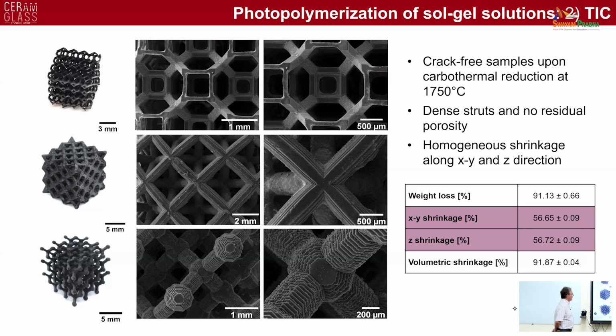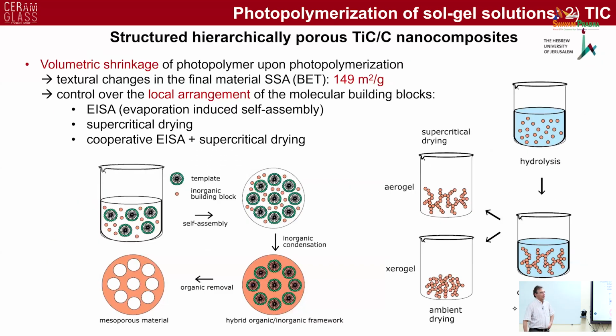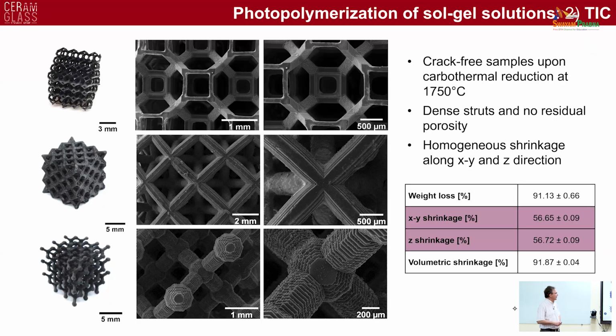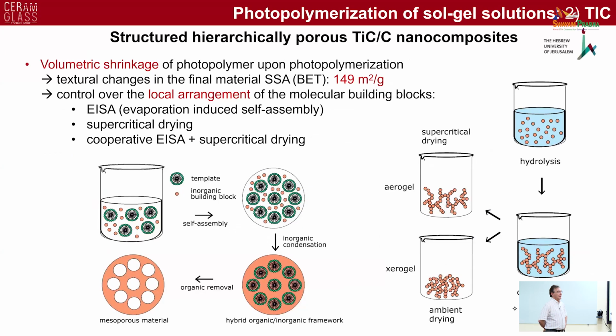And we had a significant shrinkage due to the fact that we were using a sol gel formulation. So this type of material, after sintering at 1750, had a limited amount of residual porosity, and therefore a limited specific surface area. And we wanted to increase that.